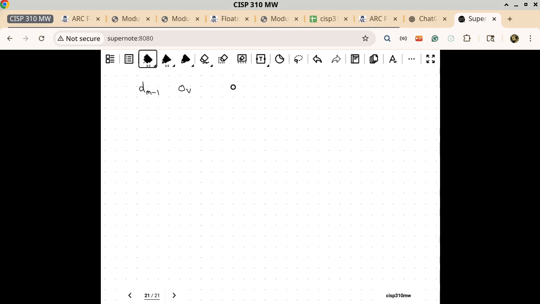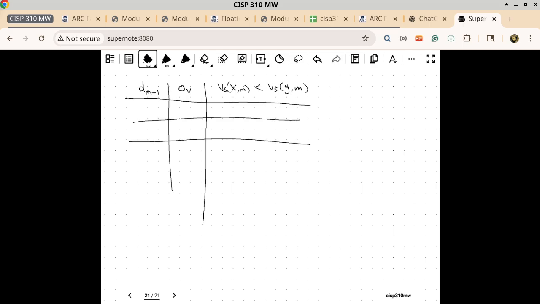And now we want to come to the conclusion, is v as x m less than v as y m. So now we have another truth table, but this one is easier because we only got 4 possible cases. So 0, 0, 0, 1, 1, 0, and then 0, 0.